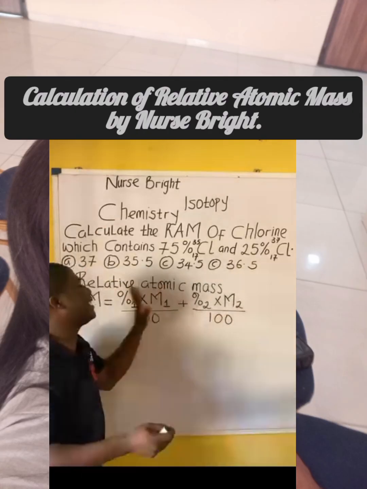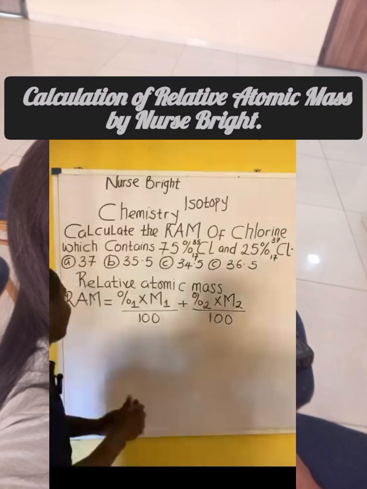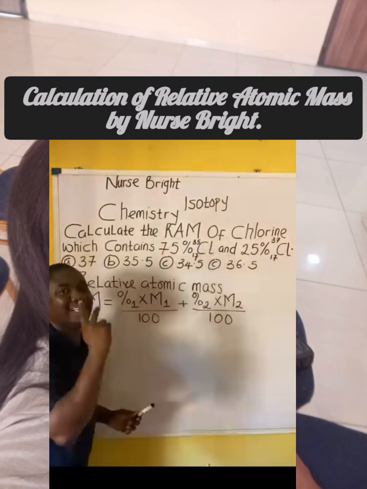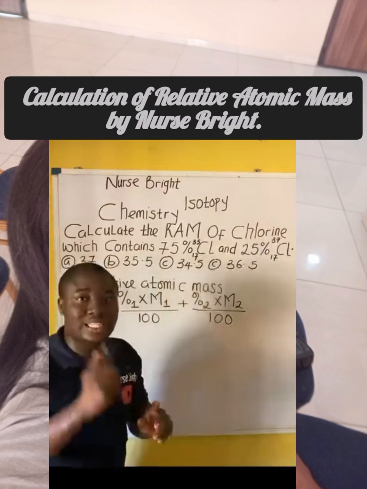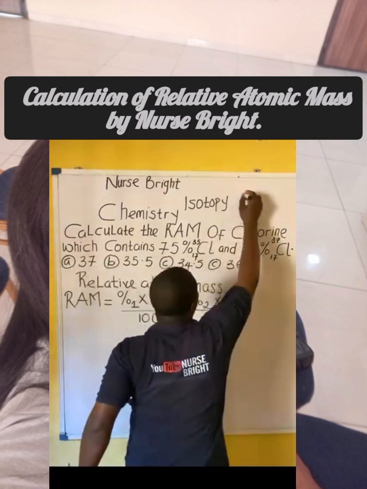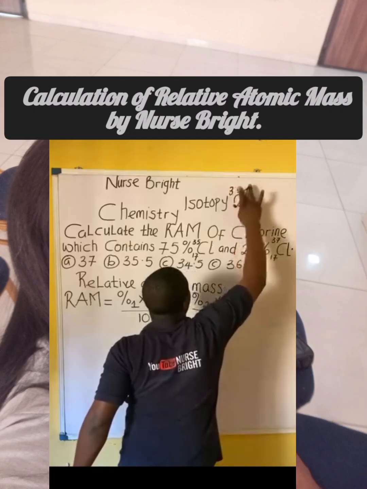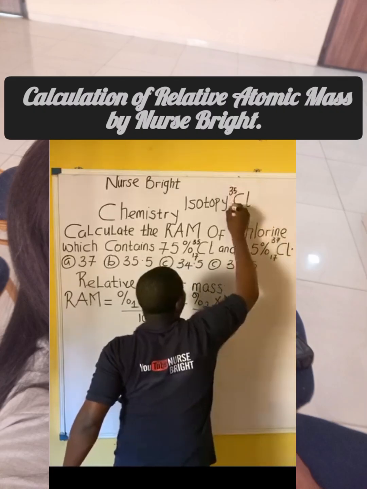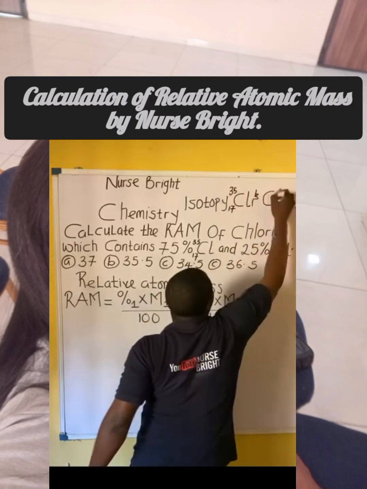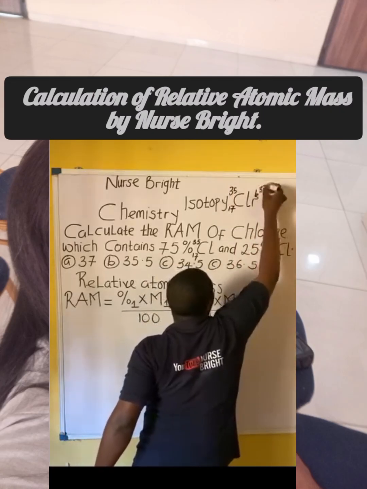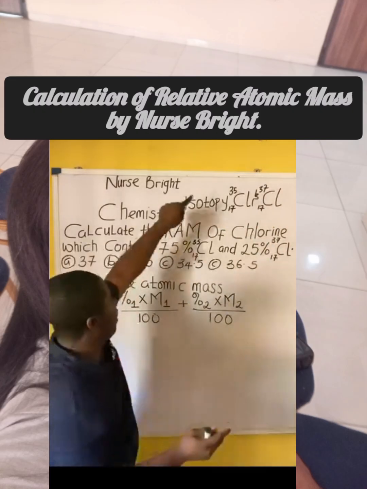So how do we determine the values for these parameters? We were given 2 isotopes, the first isotope and the second isotope, dealing with chlorine as an element. The first isotope is Cl 35 17, and the second isotope is Cl 37 17.